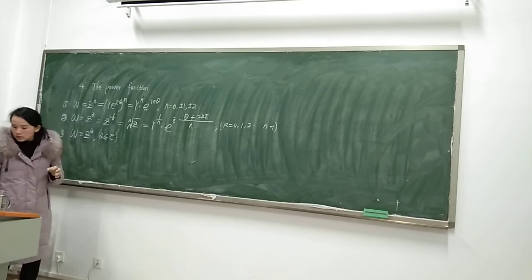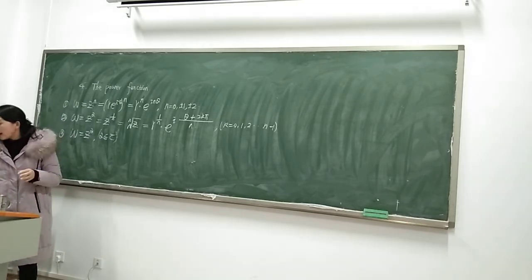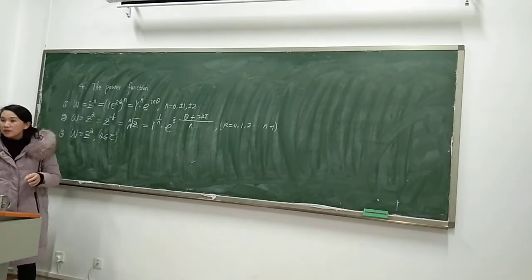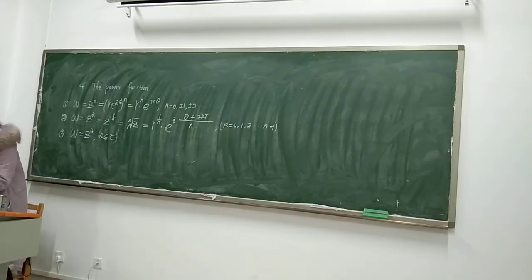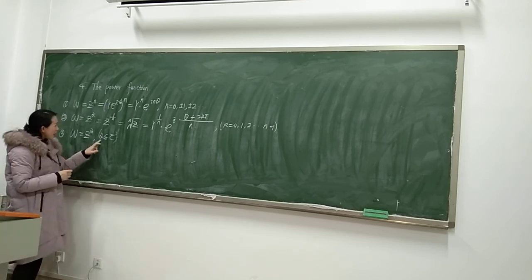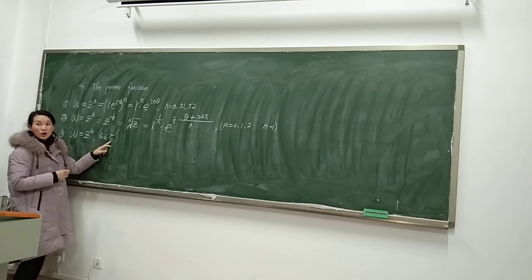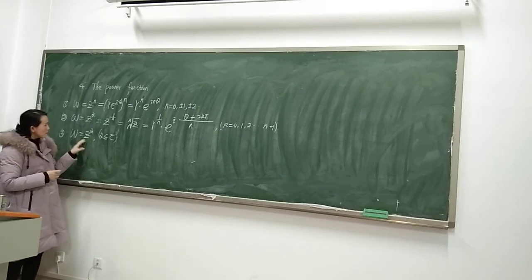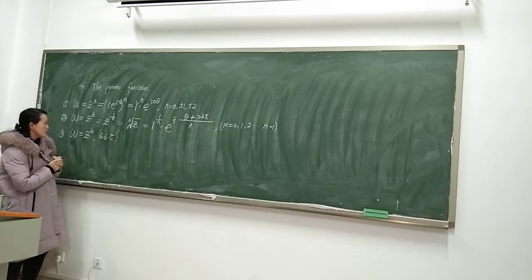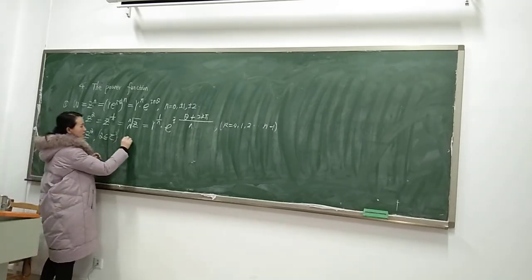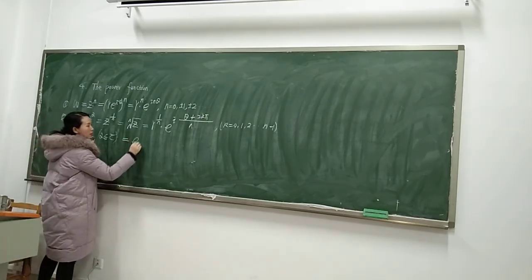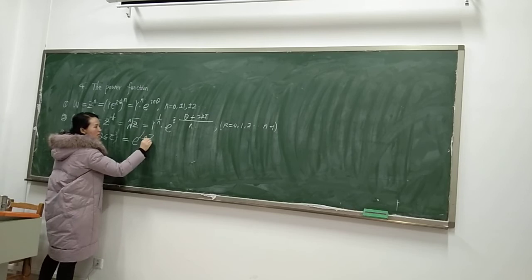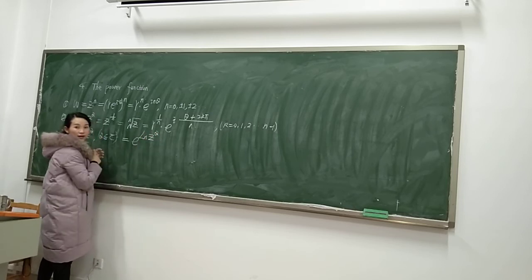It is also very easy. Maybe it's difficult for you, but for me, I think it is easy. Okay, let me see. If this alpha is complex, if you want to compute this one, it's very easy. You can write this z to the alpha as e to the ln of z to the alpha.